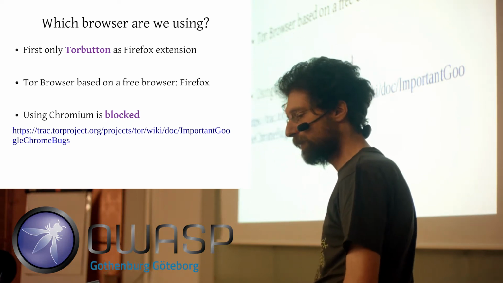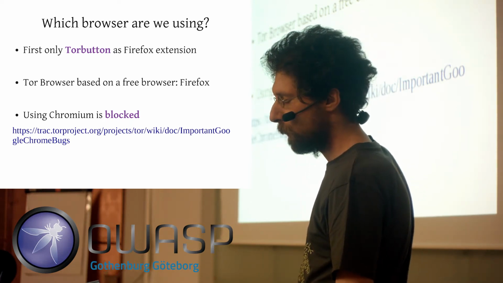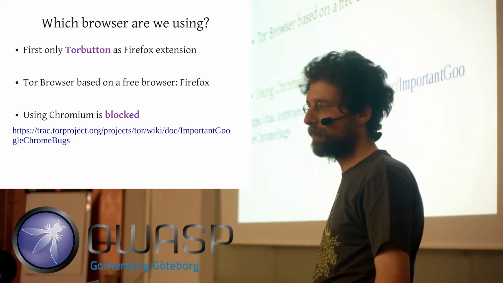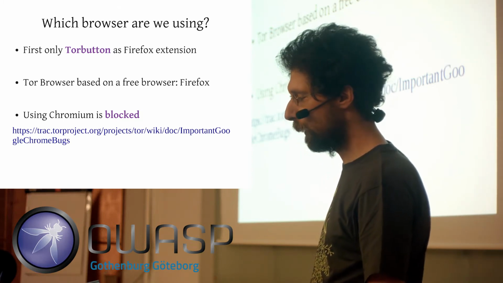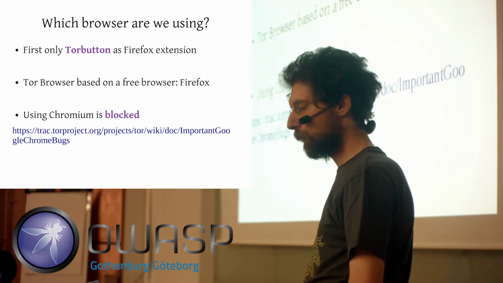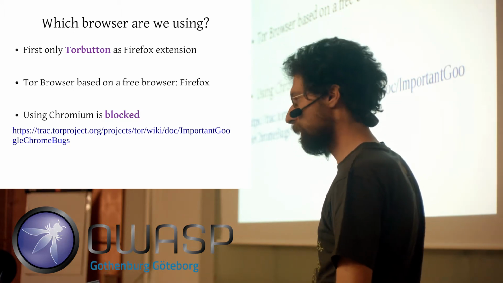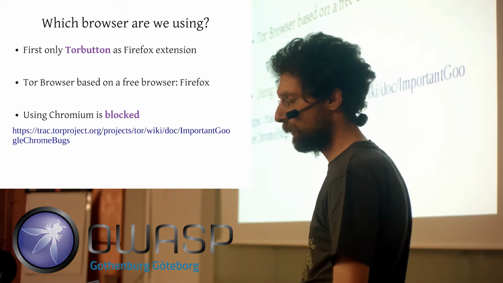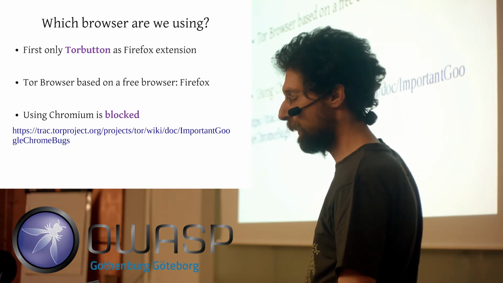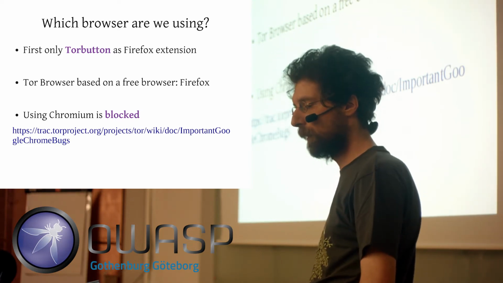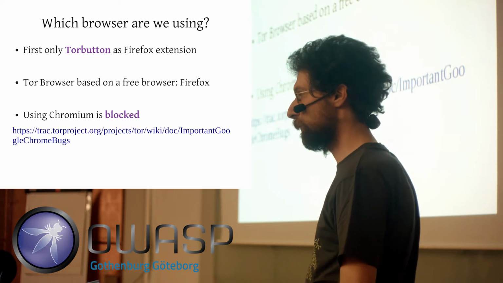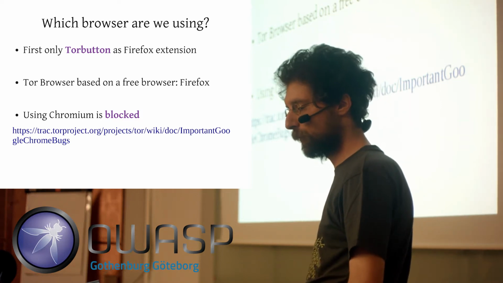And the other issue is, while the Firefox API is quite powerful, it is still not powerful enough for our purposes, because there were still privacy issues with certain Firefox features which were not patchable from Tor Button itself.